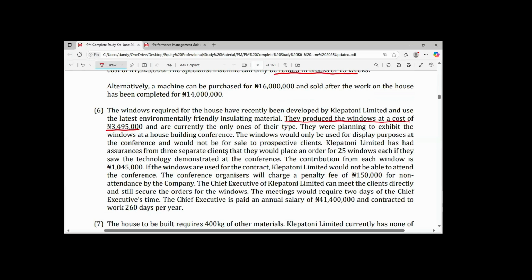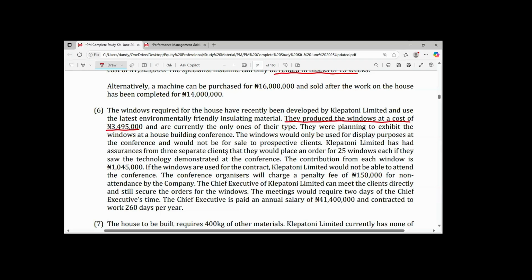The windows would only be used for display purposes at the conference and would not be for sale to prospective clients. Clepatonic Limited has had assurance from 3 separate clients that they will place an order for 25 windows each if they saw the technology demonstrated at the conference.